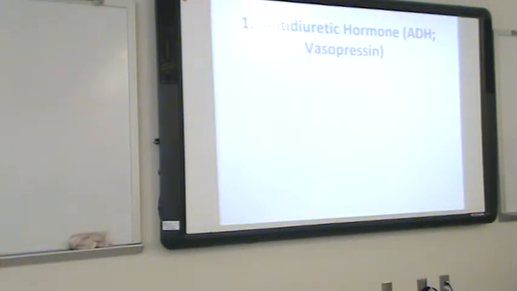The first one of these, we've heard of it before, it's antidiuretic hormone. ADH, antidiuretic hormone. We talked about this a little bit in the section on kidneys. It can also be called vasopressin. Generally, the people that call it vasopressin are older or sometimes from another country.